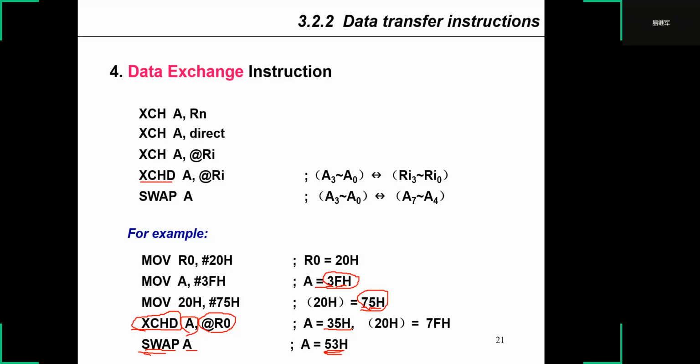I didn't tell you: in our class we use the 51 as the microcontroller for the example. So we name some instructions for the 8051. If the microcontroller is compatible with the 8051, we can use this instruction.